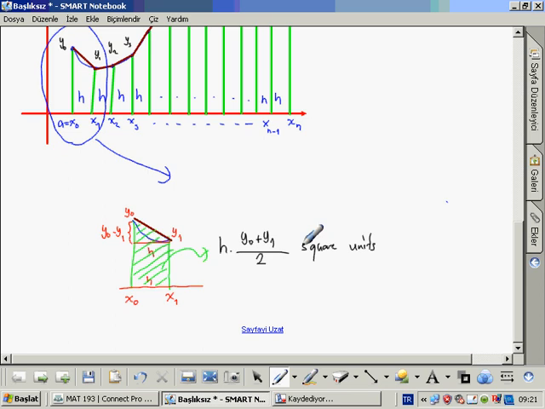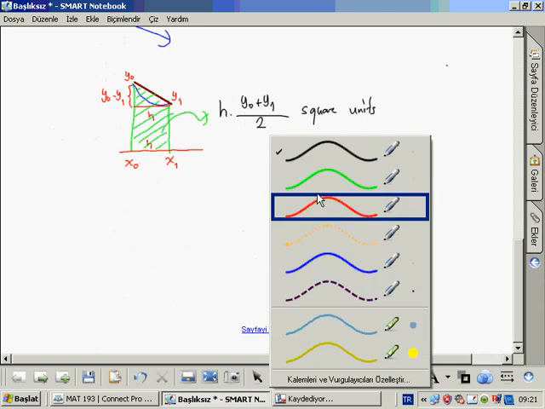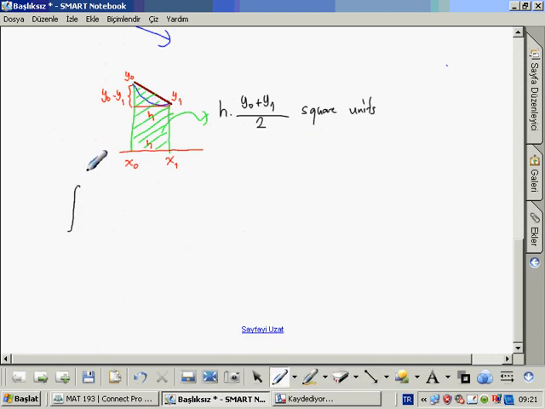This can be seen geometrically by considering the trapezoid as the non-overlapping union of a rectangle and a triangle. So from this approximation, the definite integral from x0 to x1 of f of x dx is approximately h times y0 plus y1 over 2, and this is only for the x0 to x1 interval.